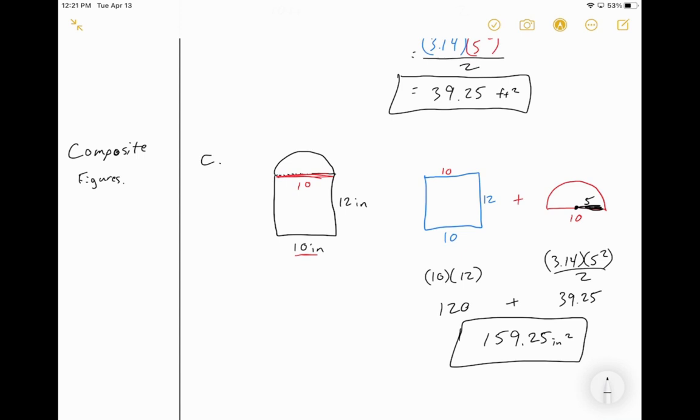Okay, that seems like a lot, but it's not that much. It's actually not as bad as we think, because we know how to do rectangles, and we just learned how to do semicircles. So it's something we can handle, I think. I hope. Let's do another one. Let's practice this.